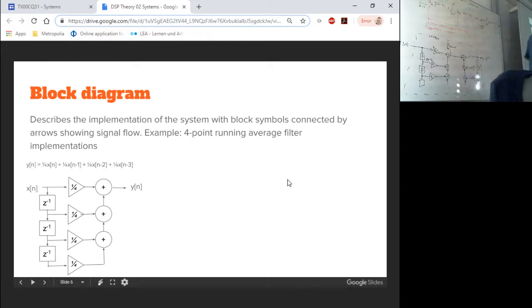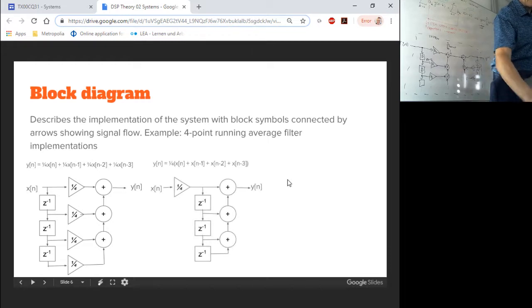And yeah, for this 4-point running average filter implementation, we had only the forward term, or then we also have the feedback term, the one which is, oh, wait a minute. Okay.